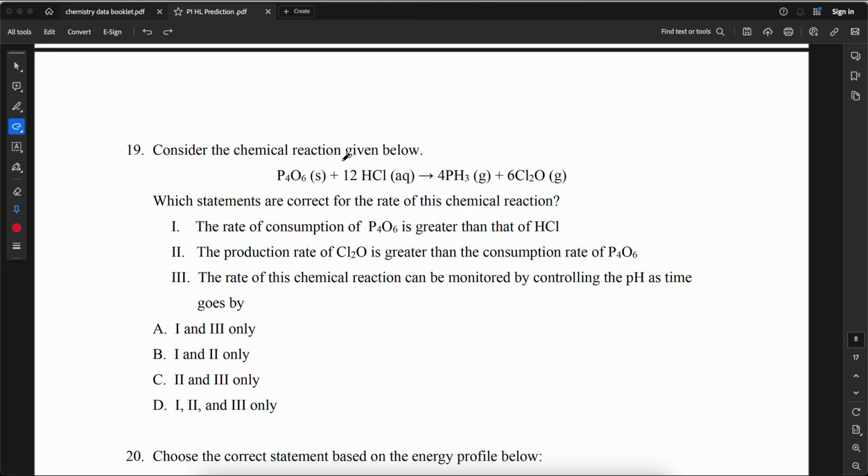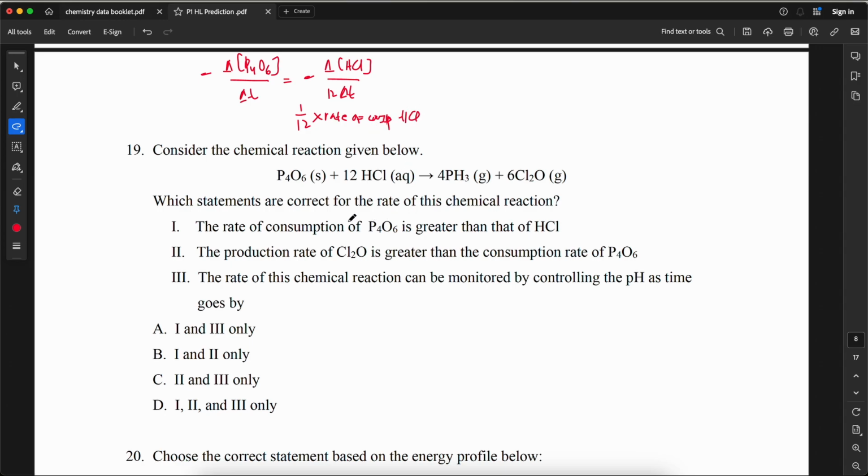Consider the chemical reaction given below. Which statements are correct for the rate of this chemical reaction? So the rate of reaction equals negative delta concentration of P4O6, the reactant, divided by delta T, equal to negative delta HCl divided by 12 delta T, because the coefficient is 12. Therefore, the rate of consumption of P4O6 is equal to 1 over 12 times the rate of consumption of HCl.